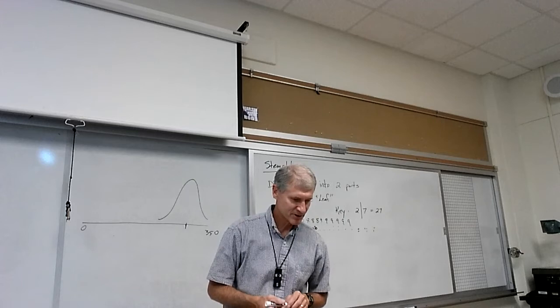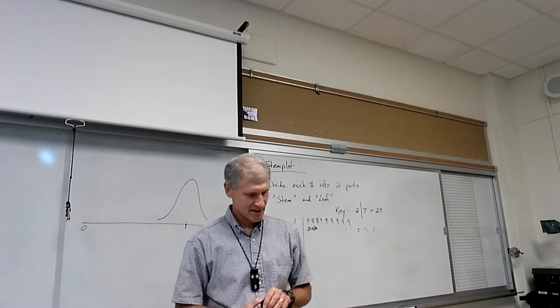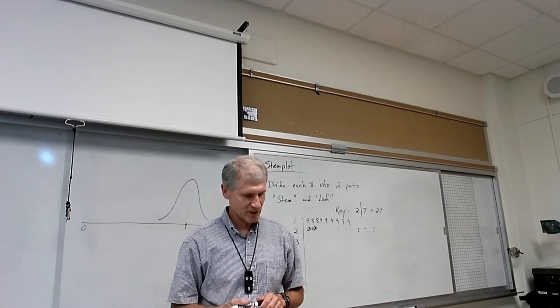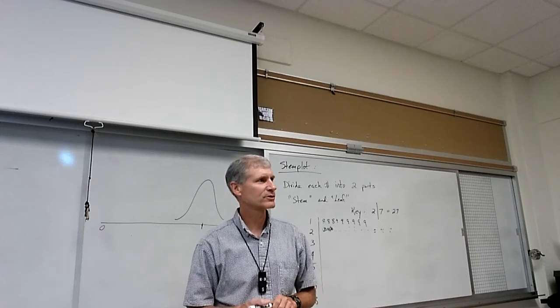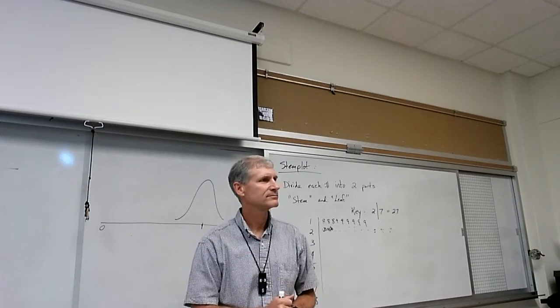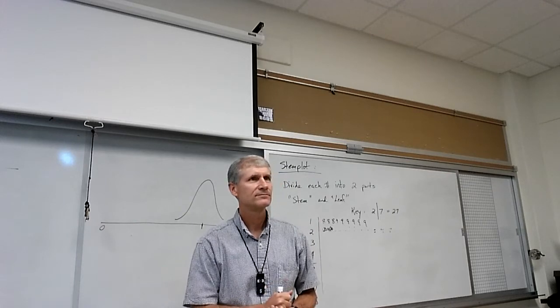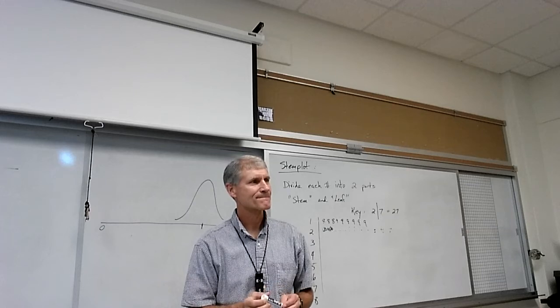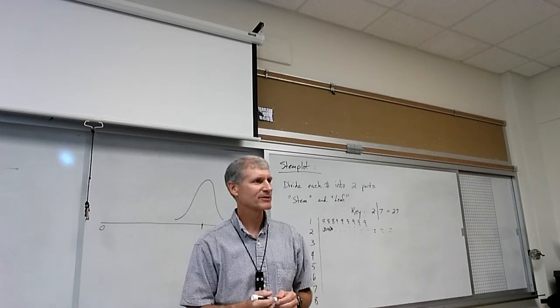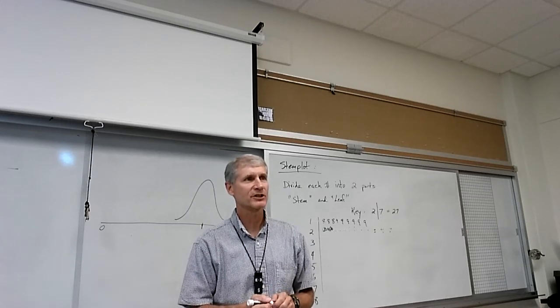Okay, math scores on the ACT of a large randomly selected group of high school seniors. What do you think? Think it'd be bell-shaped? Yeah, I agree. It's probably bell-shaped.